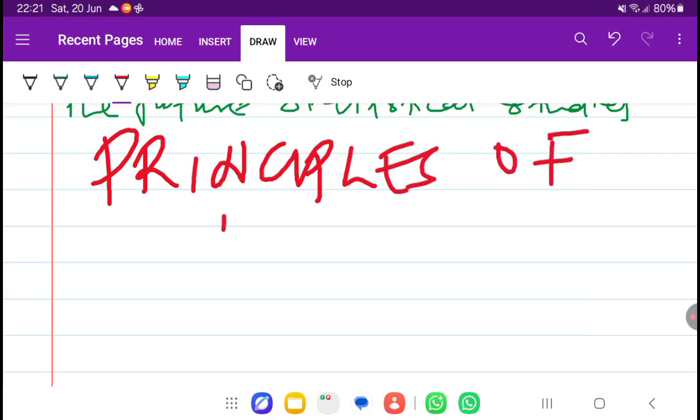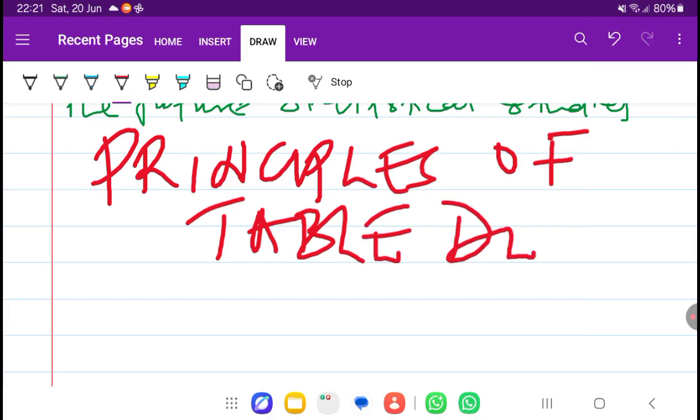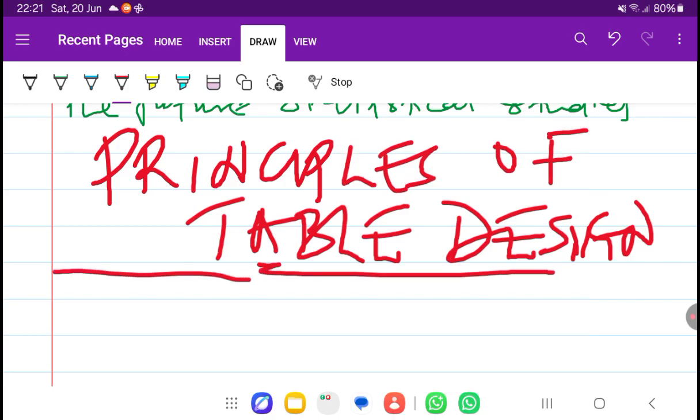These are things that you are supposed to follow when you are designing tables so that we can have data that can be analyzed clearly.